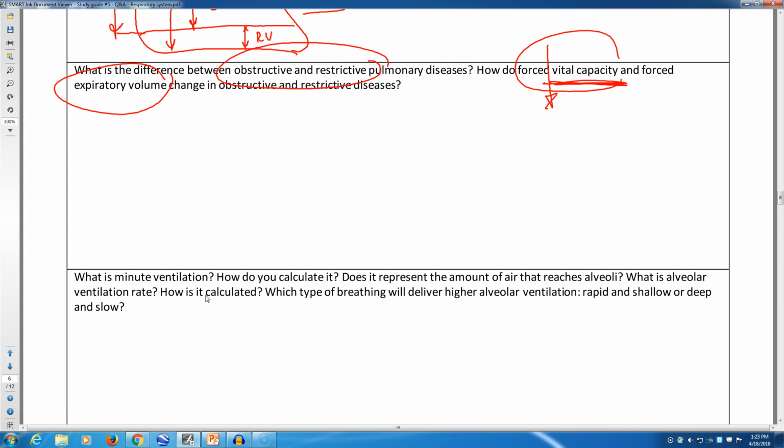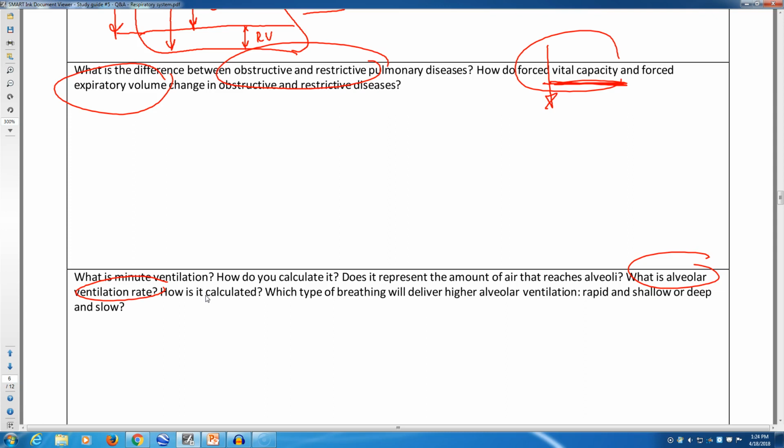So how do you calculate alveolar ventilation rate? Frequency of breathing multiplied by tidal volume minus dead space. So basically you multiply the breathing frequency by the actual air that gets in the alveoli, in the functional alveoli. Does that make sense? Awesome.